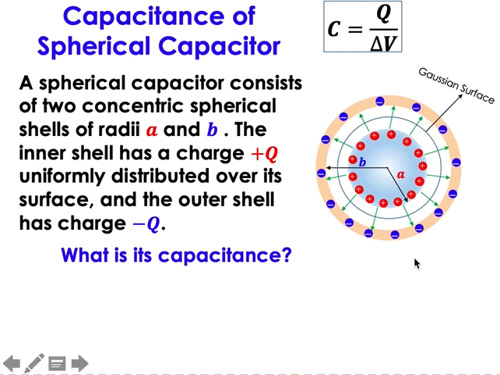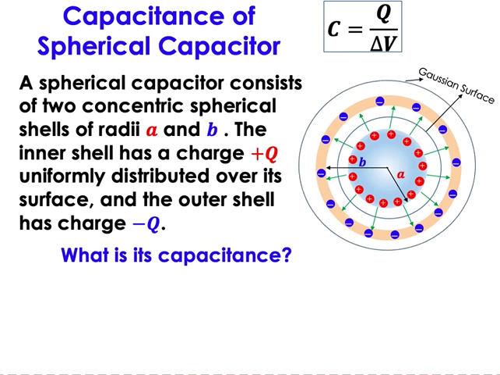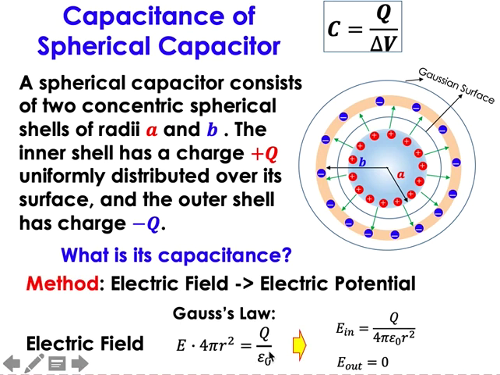We can draw a Gaussian surface inside the shell, just like this one. Based on Gauss's law, the total electric flux out of this Gaussian surface is equal to E times 4 pi r squared.